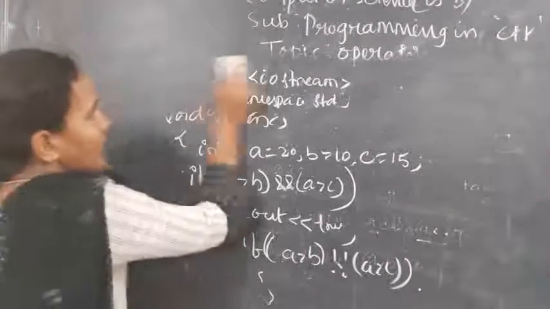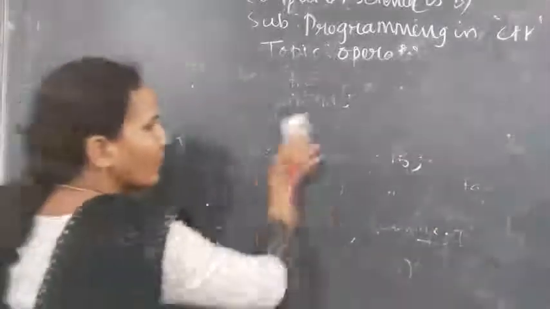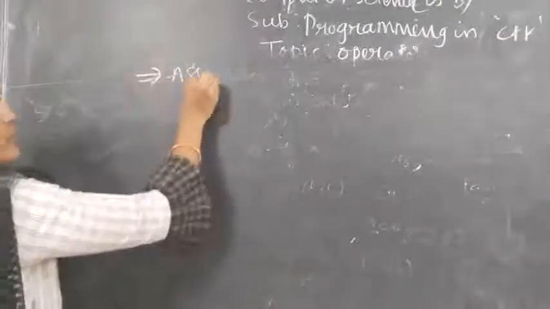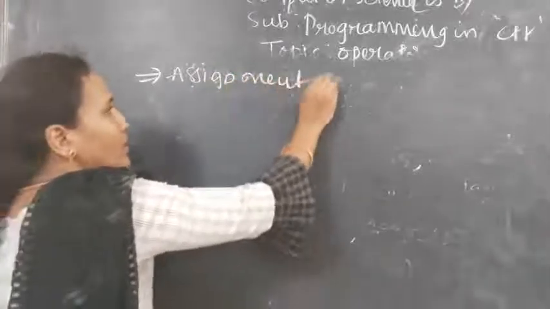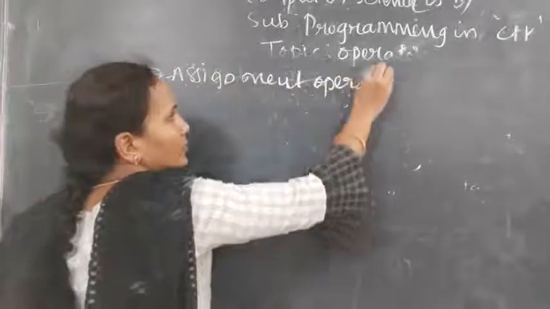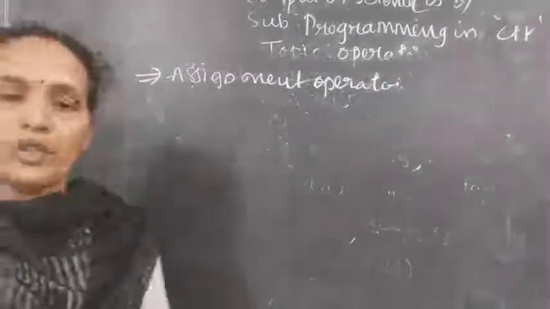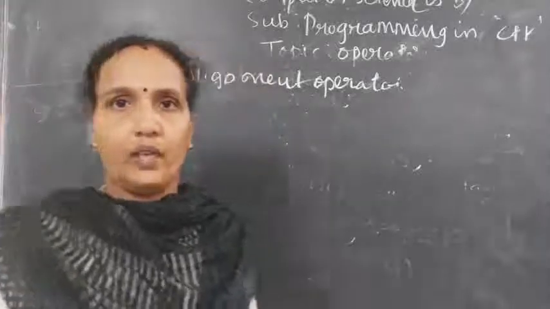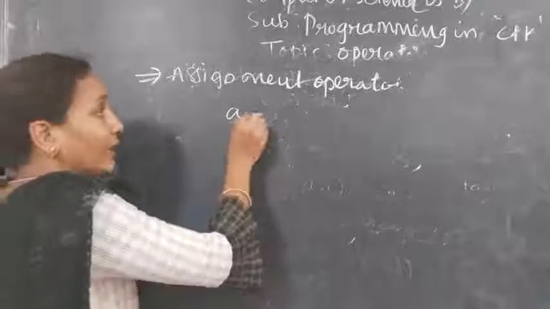Now the next one is assignment operator. What is the use of the assignment operator? The assignment operator is used to assign a value to a variable. A is a variable, and equals to is the assignment.